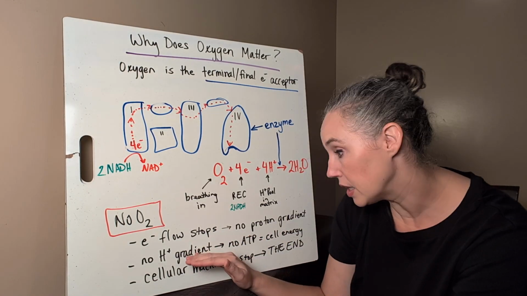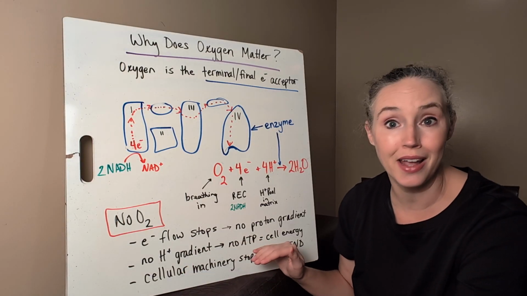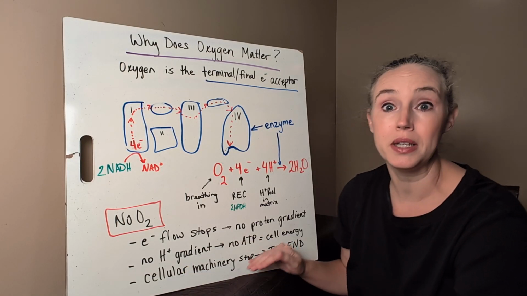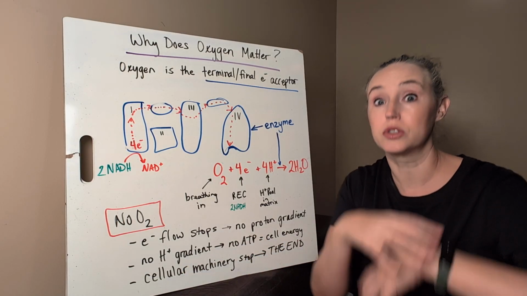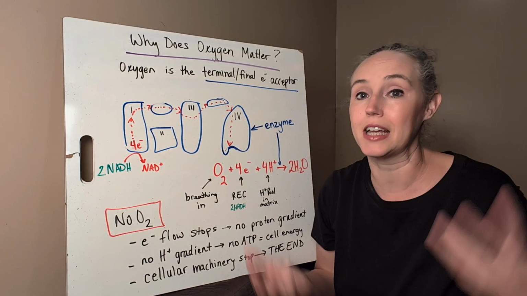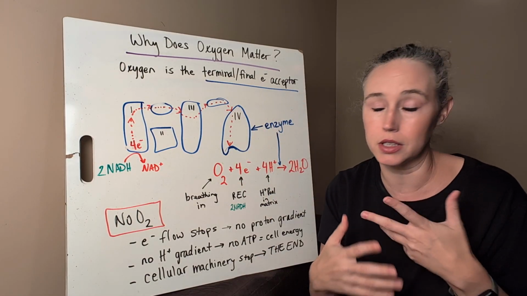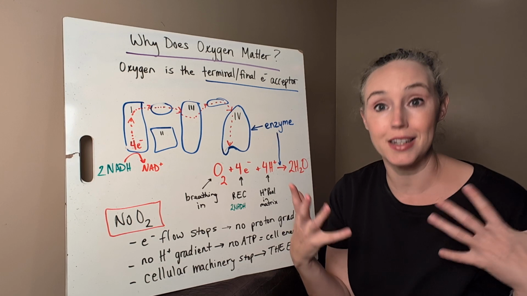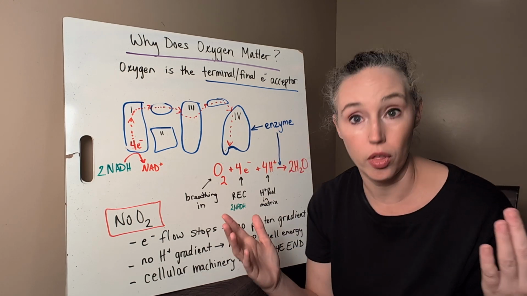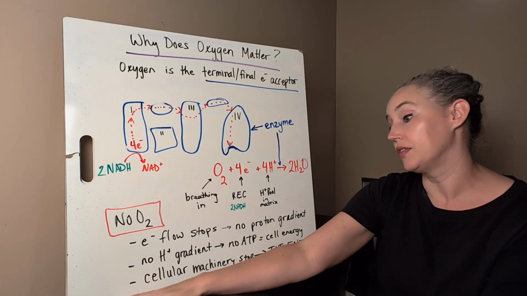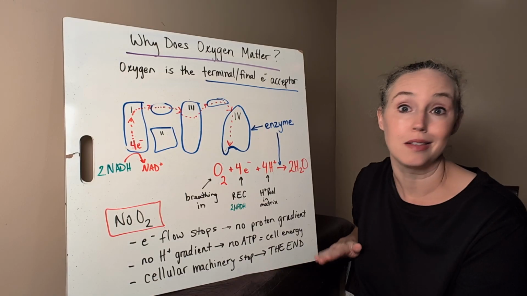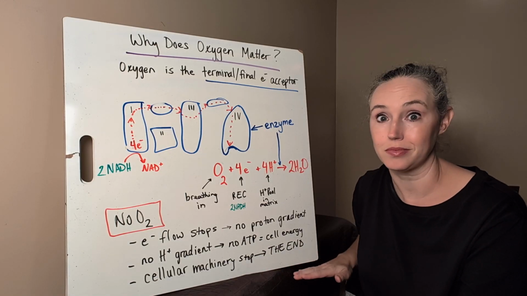If you have no proton gradient, then you're not going to have any ATP. If you have no ATP, you can't do any of your cell work. So all of the processes that keep you alive, you as in any organism functioning and living, all of those stop. And if your cellular machinery stops, that's the end.